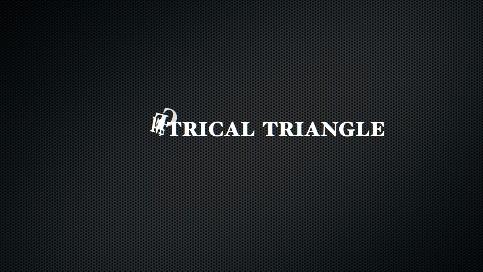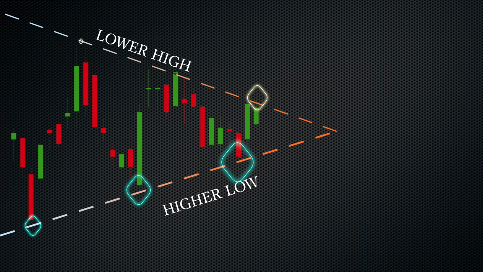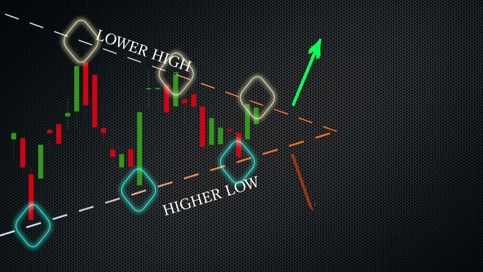The next chart pattern is the symmetrical triangle. That is completely neutral, and you can't tell which side is more powerful, because based on the chart and the technical analysis, we make a higher low as much as we make a lower high.